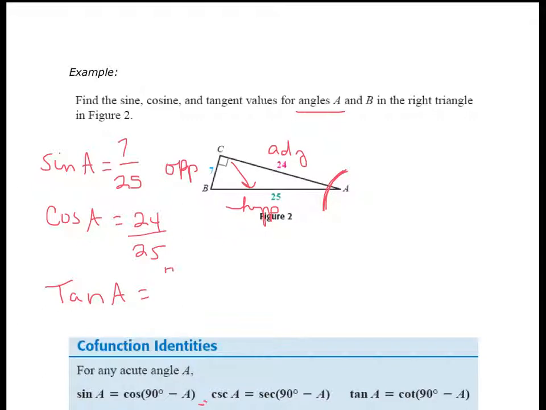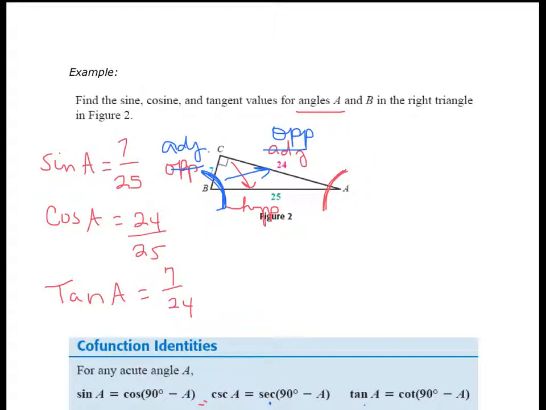And then tangent A is simply 7 over 24. Now, I'm going to change the colors, and we're going to look at blue. Now, when you do this, your adjacent and your opposites are going to change. This is now the opposite because we're dealing with angle B, and then this is your adjacent.